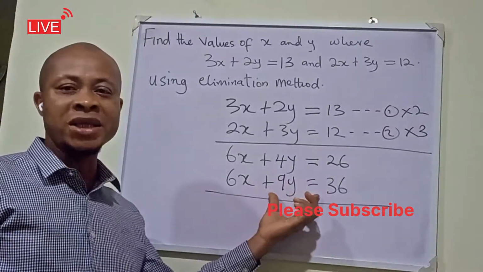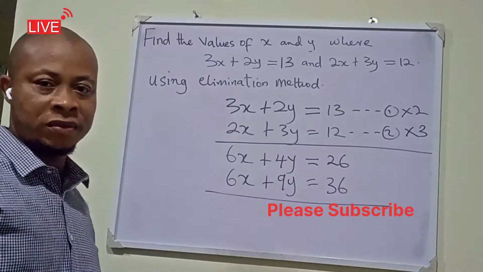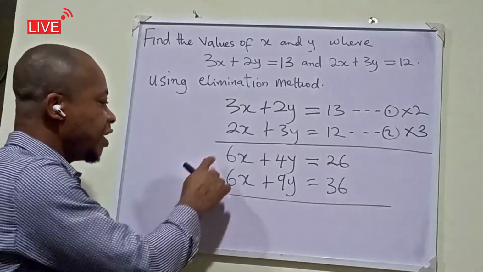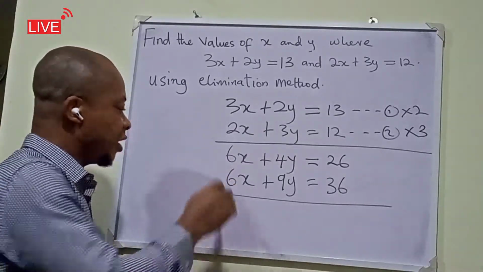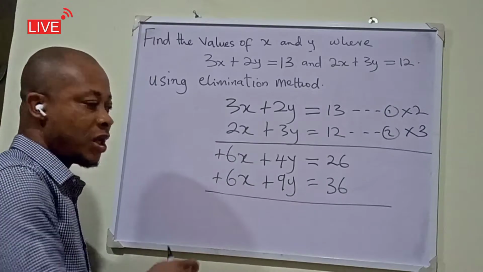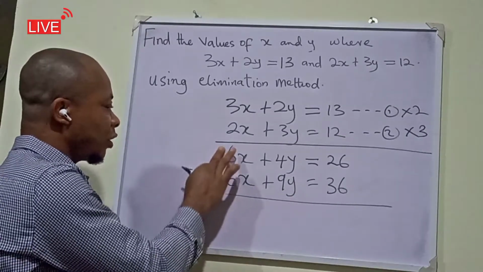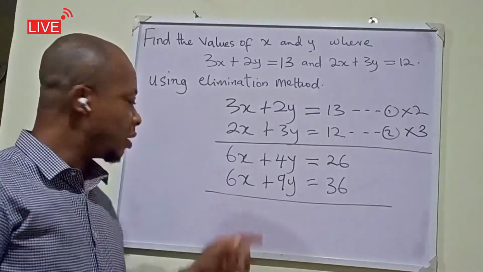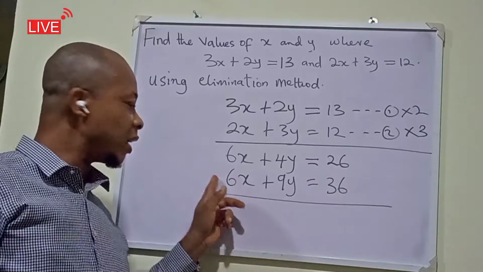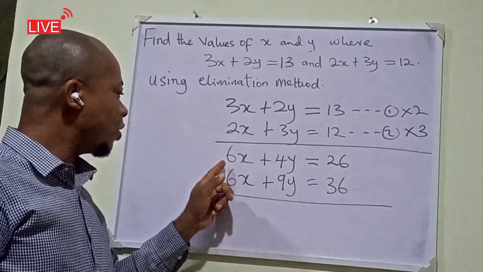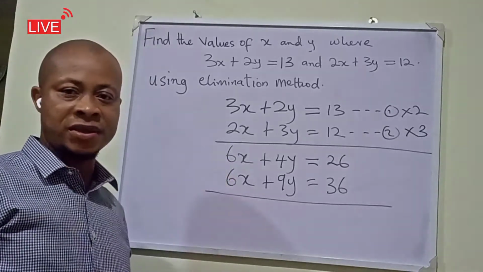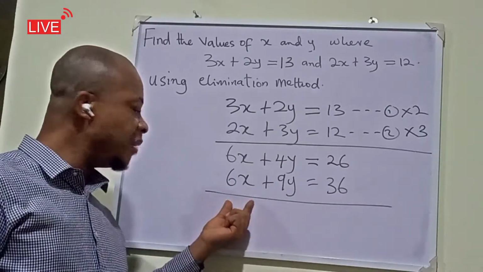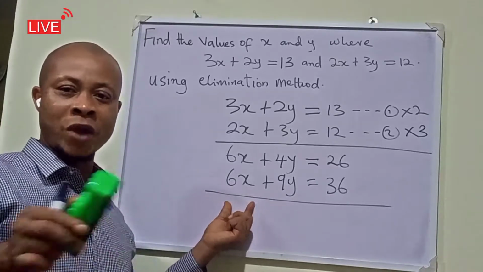You can eliminate x by subtraction, because remember, this is plus 6 and this is plus 6. Because it is not written, nothing has changed. They are positive numbers. So 6 minus 6 will give you 0. That means we have eliminated x. That's what we are going to do.